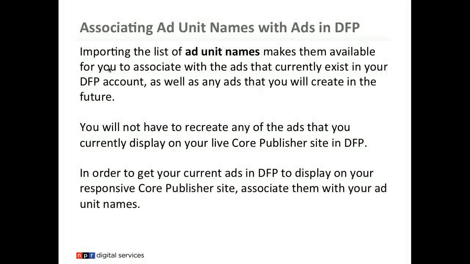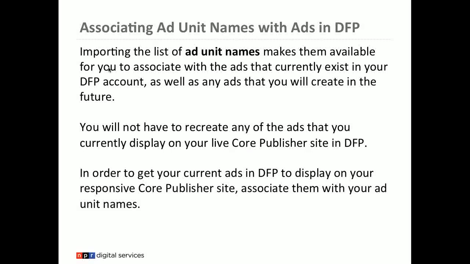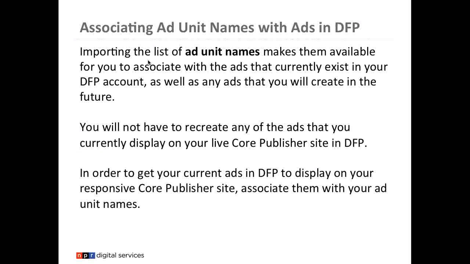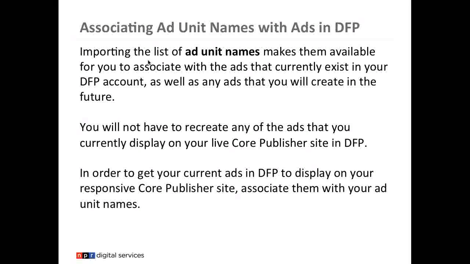So if you are station WTST, you can do a control find or command find, and you can actually do a replace all and just replace where it says My Call Letters with WTST, with whatever your call letters are, whatever you've chosen as your ad unit prefix.